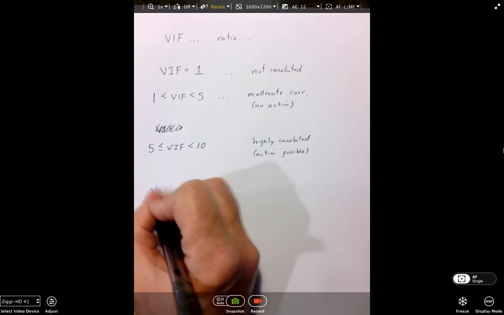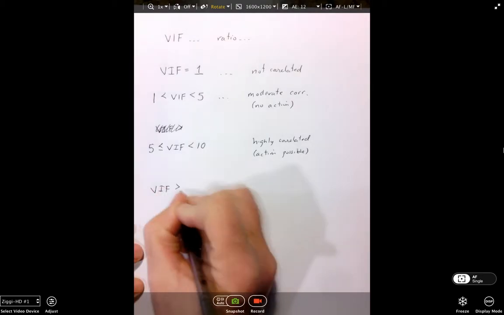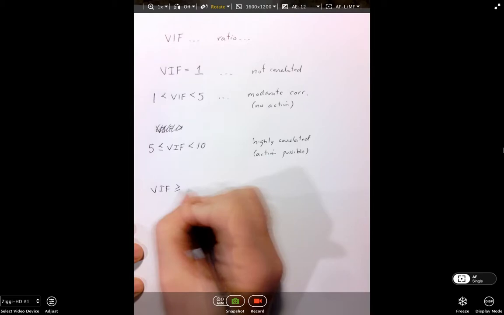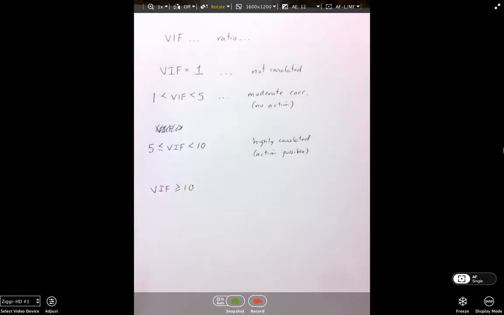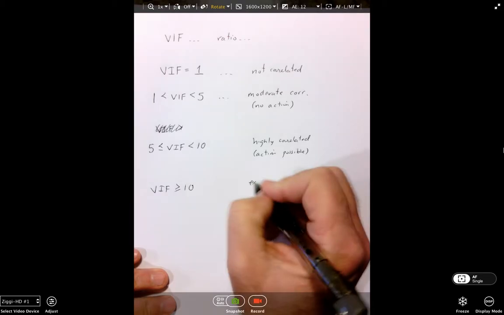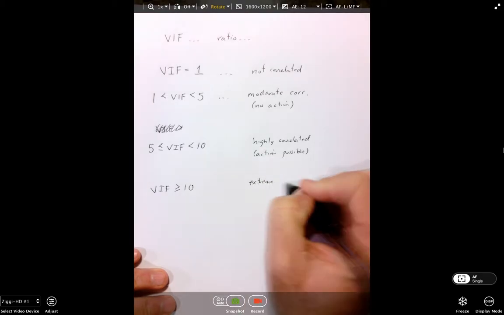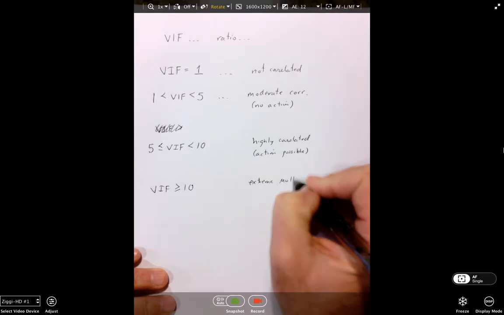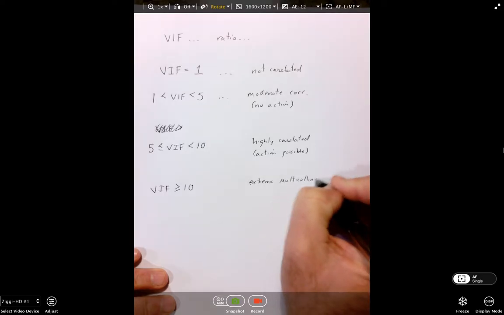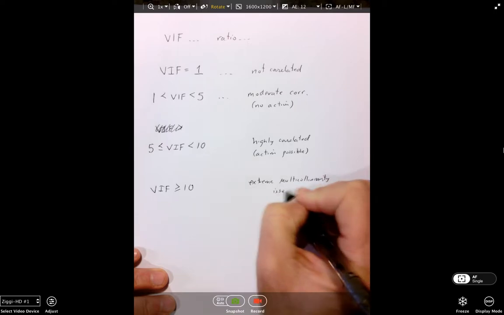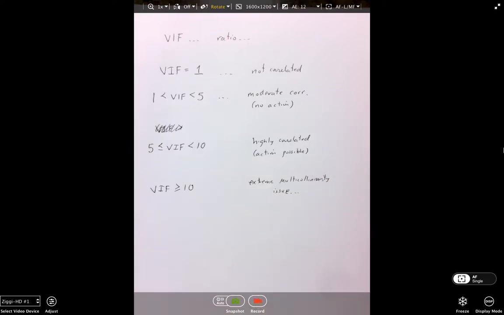And guys, if we get a variance inflation factor greater than or equal to 10, I think most of the literature agrees that we have an extreme multicollinearity issue, and steps need to be taken to address that.